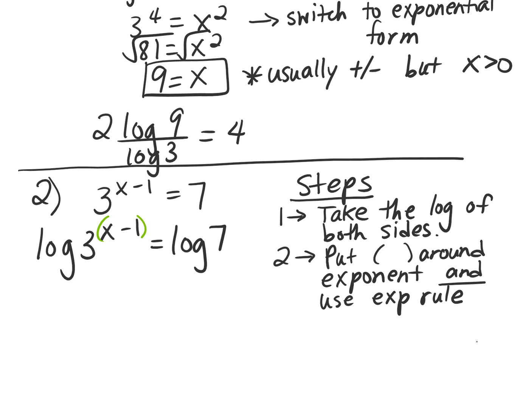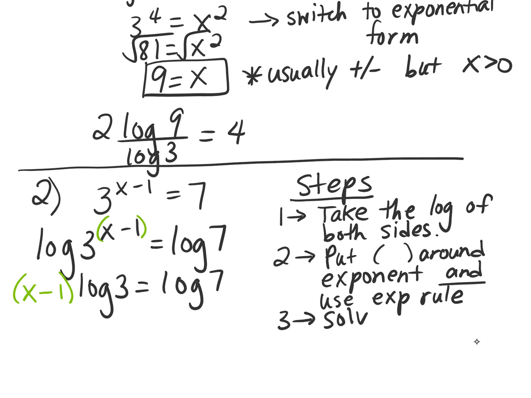So we're going to bring that x minus 1 in front of the log 3. And you'll notice in this case the variable is only on one side. So when we go to solve for x, it might be worth dividing out the log 3 first. So I can divide by log 3 on both sides.